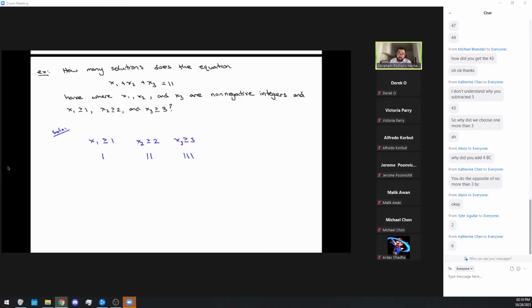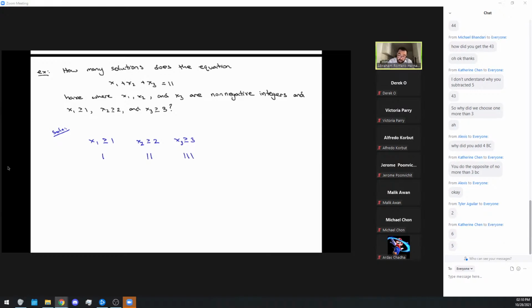So that means in the end, they have to add up to 11. But already these 3 add up to 6. So since they already add up to 6, how many are left over that I need to care about selecting to belong in whichever one of these? How many are left over then? 5, right?